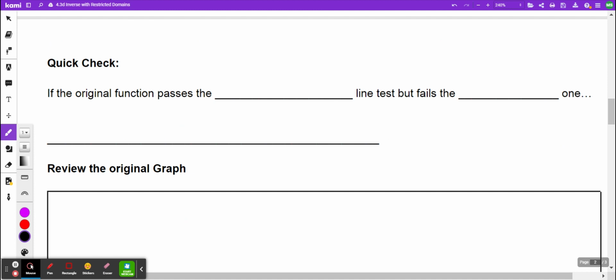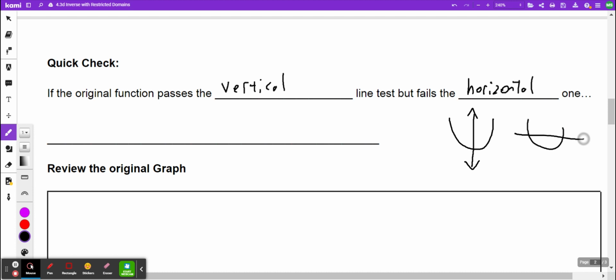So if the original function passes the vertical line test but fails the horizontal one, so if we're looking at this, it passes the vertical, but it doesn't pass the horizontal line test, then we will restrict the domain. So, hey, let's review the original graph.